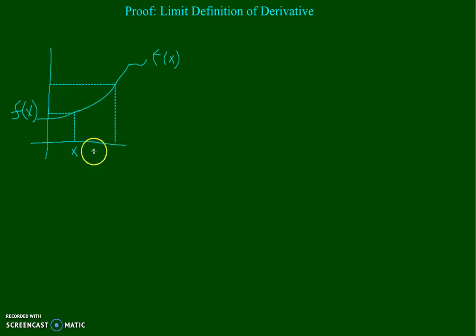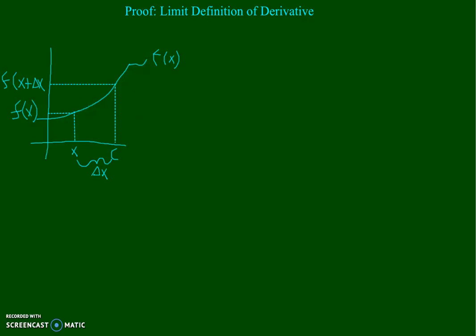If this distance from here to here, let's call this point C, and this distance here, we'll call that delta x. This point then becomes f of x plus delta x.